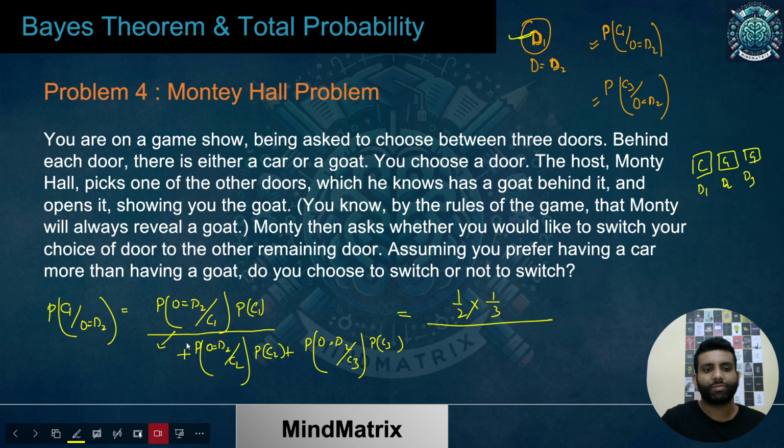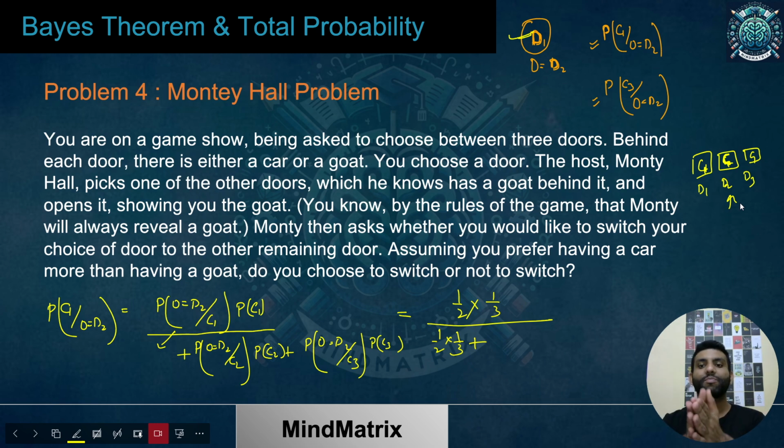Divided by the same quantity, plus, now what is this? The probability of opening door D2 when you know the car is behind C2. If the car is behind this door, then what is the probability that he will open this door? The probability is 0. He won't be opening it.